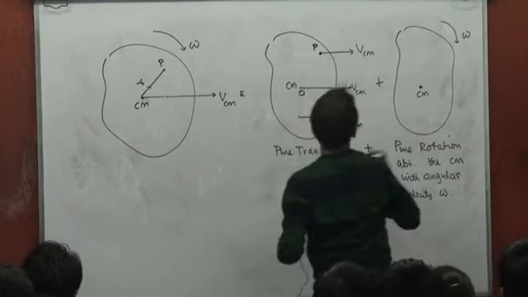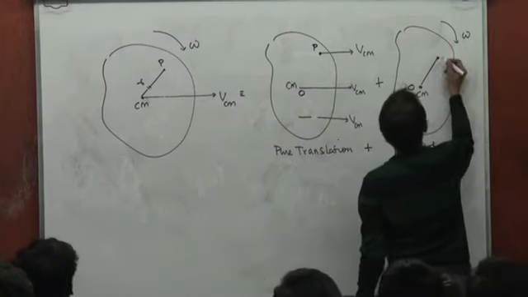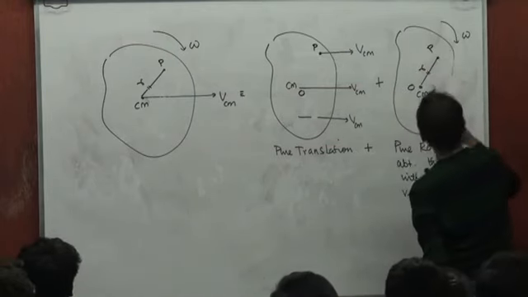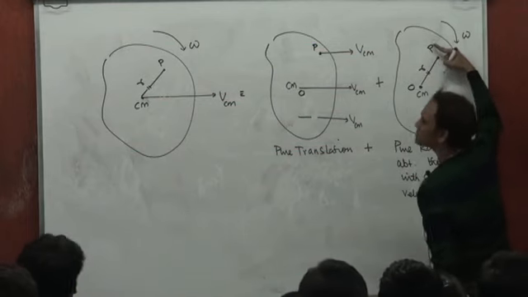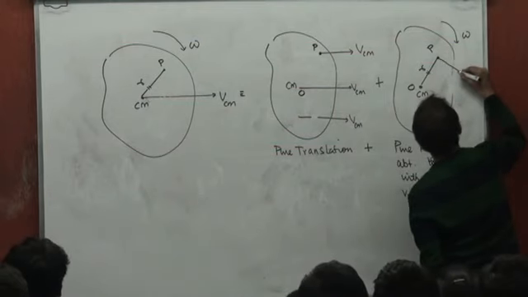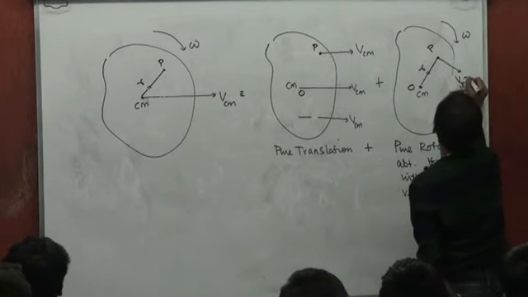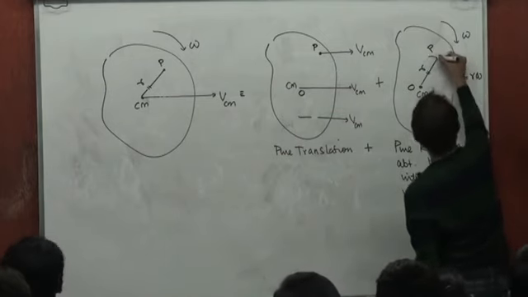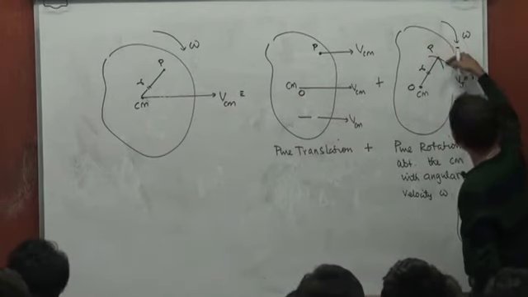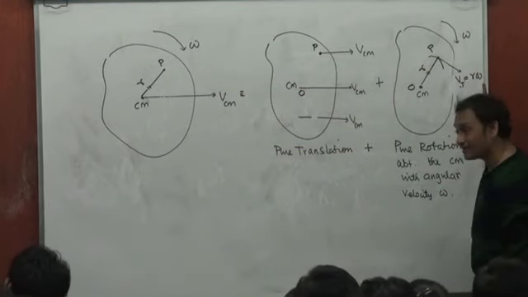Let me call the center of mass O. Now, this P, once again, look at P. Because of pure rotation, you can imagine P to be in a state of pure rotation about O with a velocity Vp, V tangential equals r omega. Because it's in a state of pure rotation about O, it has a velocity perpendicular to the radius, equal to r omega.